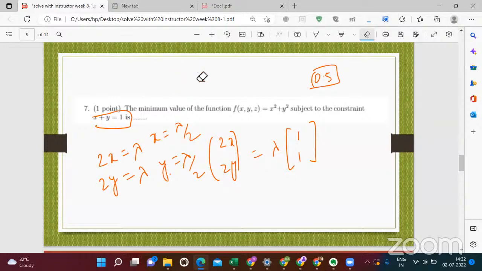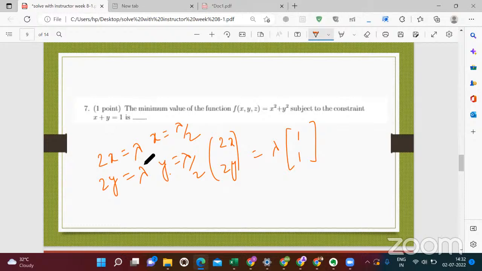So we can directly equate x and y, right? If both are lambda by 2. We can directly equate x and y, because x is equal to lambda by 2 and y is equal to lambda by 2.